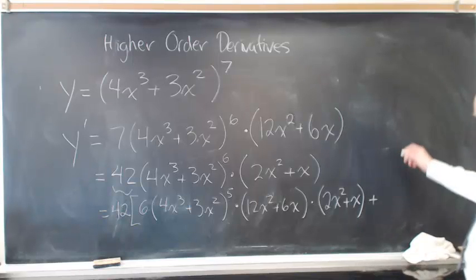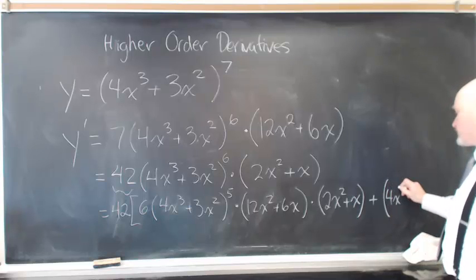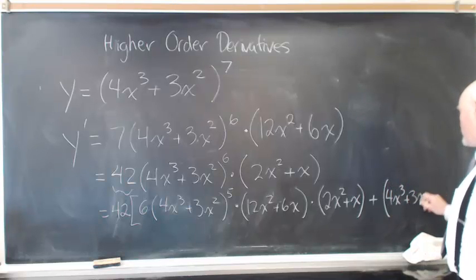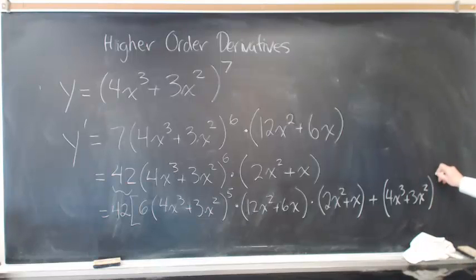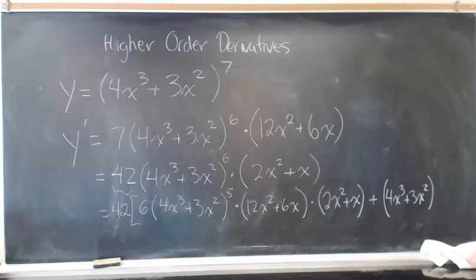Plus the first, okay, we can just do the first: 4x cubed plus 3x squared, the exponent 6, times the derivative of the second, 4x plus 1. And this whole entire thing is still being multiplied by that constant.